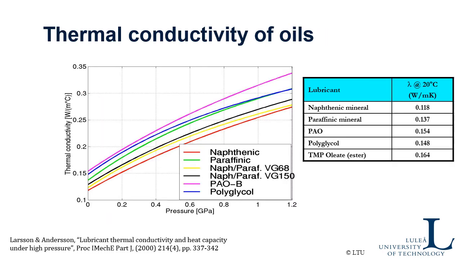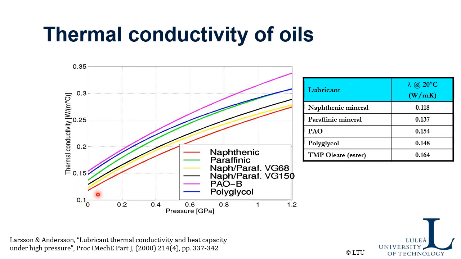The thermal conductivity has been measured over the years by different people, and this is from a work measured at Umeå University. And you can also see here how the thermal conductivity varies with pressure. But when you are using it for the thermal correction, you only need the numbers at atmospheric pressure, because at the inlet you have atmospheric pressure, so zero pressure.